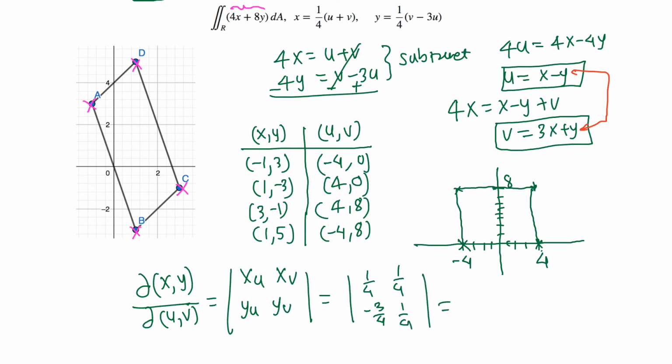Let's multiply: 1/16 minus, this is negative, so plus 3/16, so 4/16, that means 1/4. So the old area is 1/4 of the new area, all that means. Or in other words, the area of this new region will be 4 times bigger than the previous.